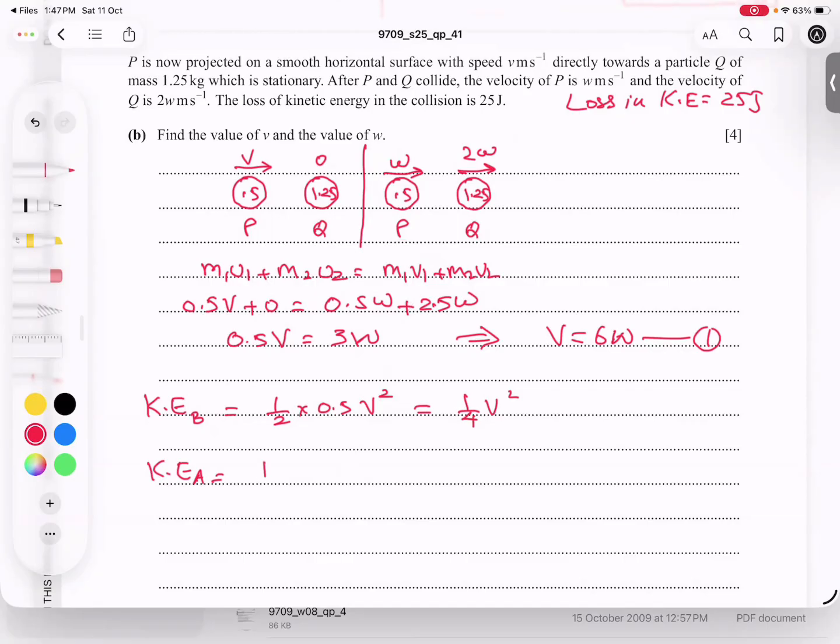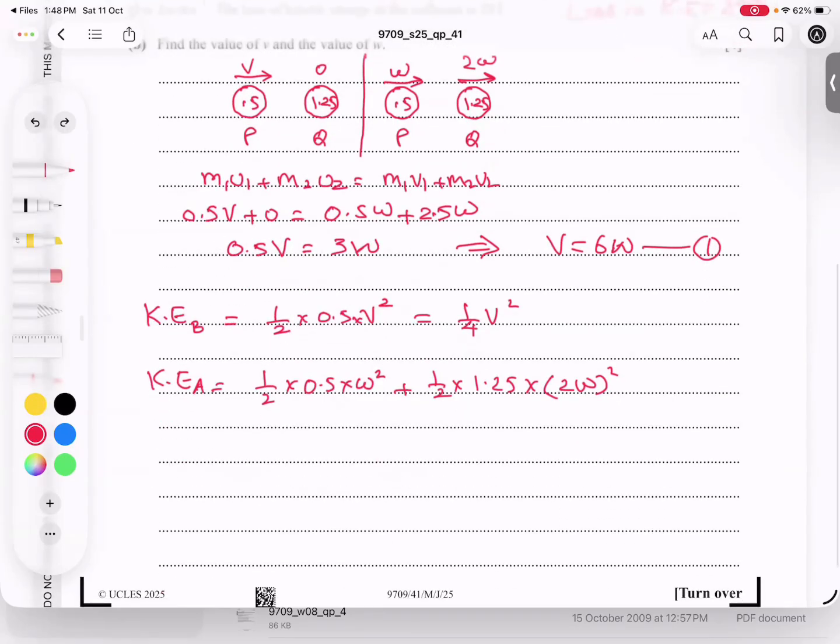So what is the formula? Half mv square, because it's w, plus half mv square, this is v. I think that is clear. Now to complete it, what I get finally is 1 by 4 w square. Half into 0.5 is naturally 1 by 4. And what about this?